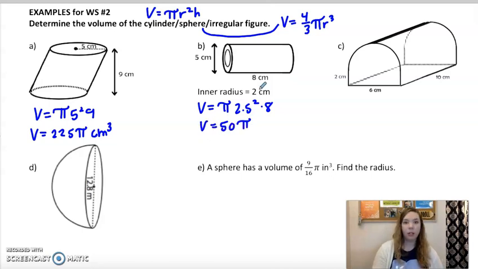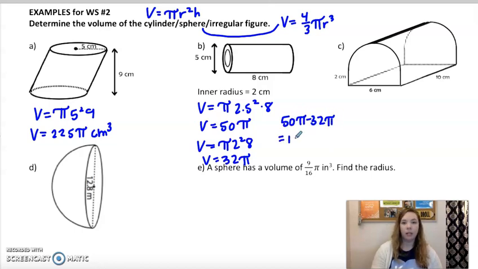And then our smaller cylinder on the inside has a radius of 2, which should give us 32 pi. So if I take 50 pi minus 32 pi, I end up with 18 pi cubic centimeters.